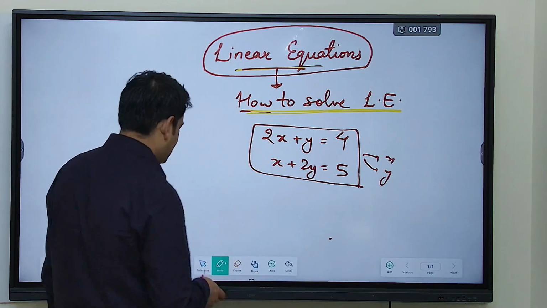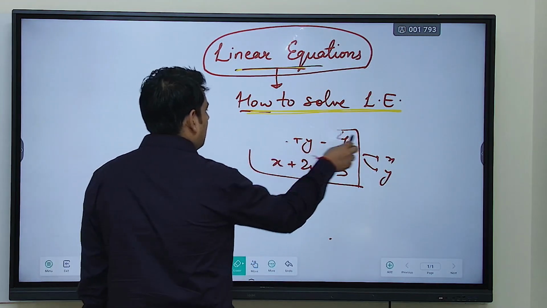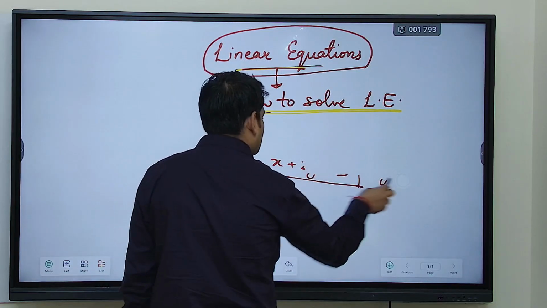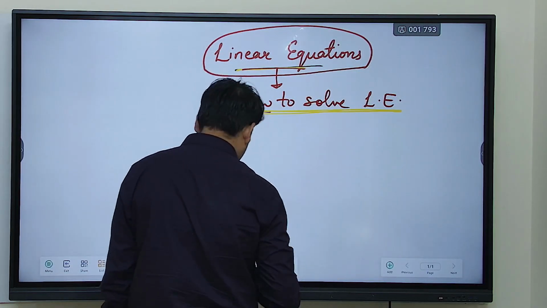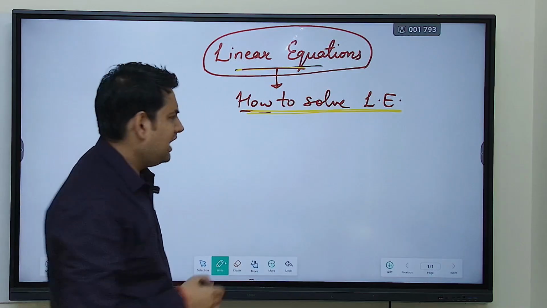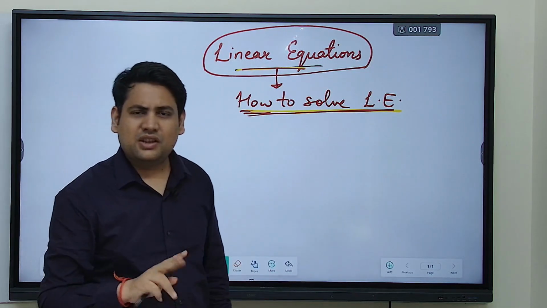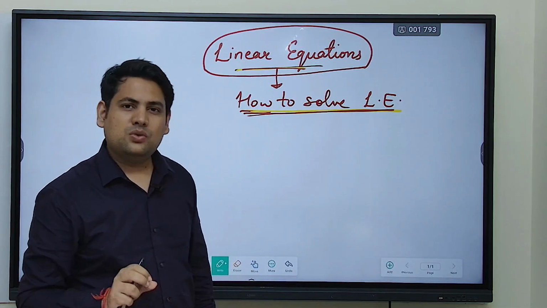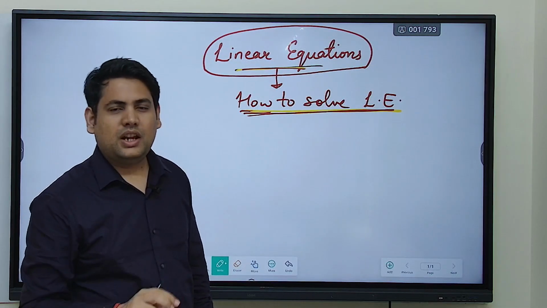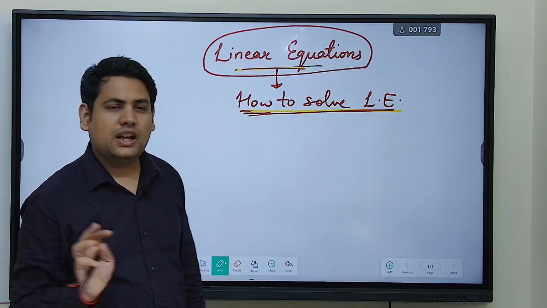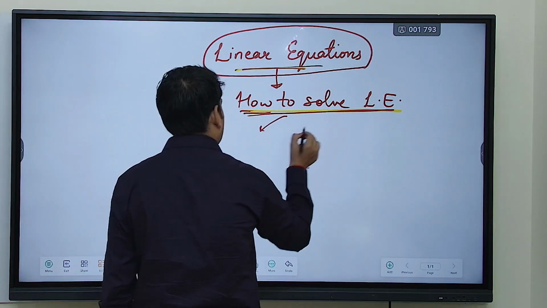Now see, there can be many ways of solving linear equations. Like if you see NCERTs, 5-6 methods of solving linear equations are given. You just need to know 2 methods and that will suffice for your entire course.